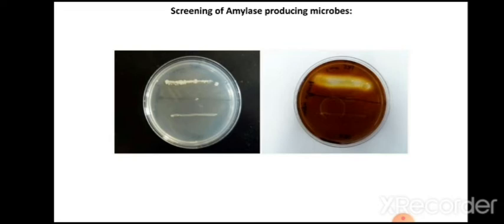So this is the first part. We have begun with obtaining a culture responsible for the production of amylase enzyme. Then the next part will be production of amylase enzyme by that particular amylase producing bacterial culture.